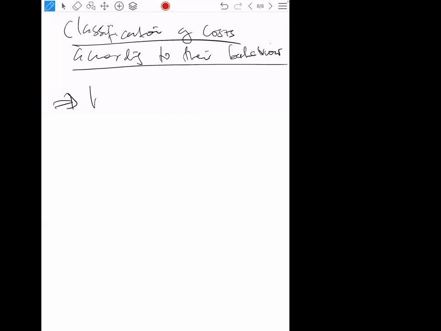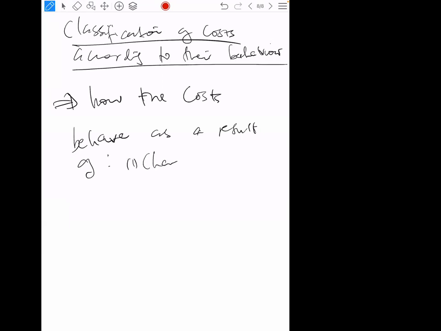How the costs behave, as a result of change in output or over a period. So the way the costs react to that will determine the type of cost.